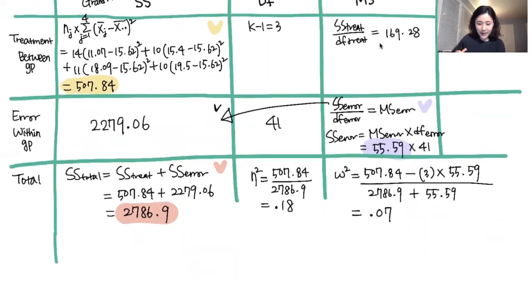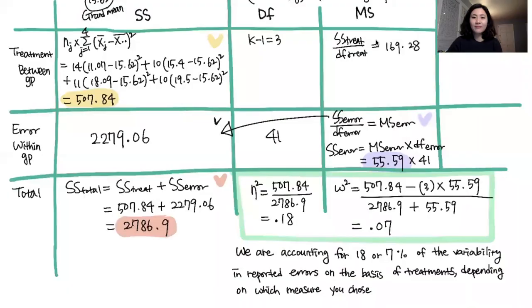So I could say that we are accounting for 18% or 7% of the variability in reported errors on the basis of treatments, depending on which measure you choose.